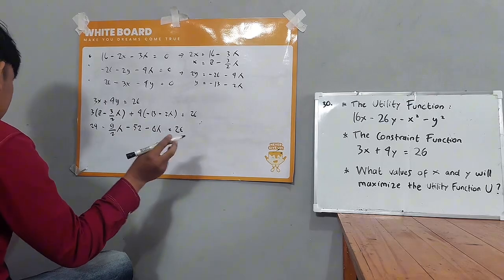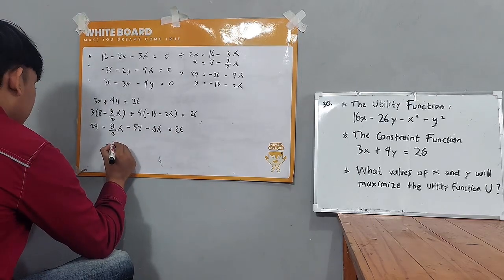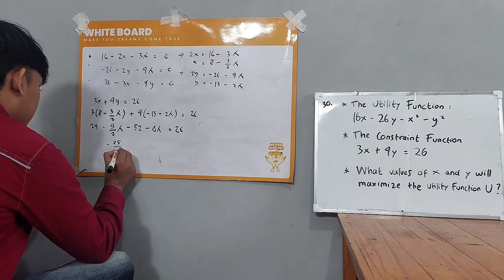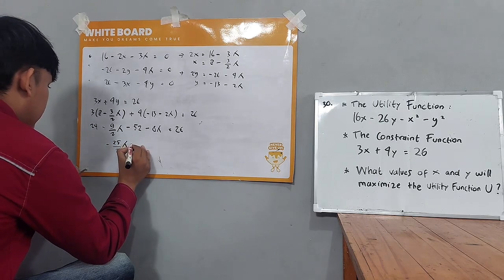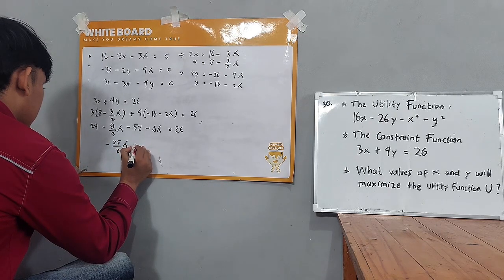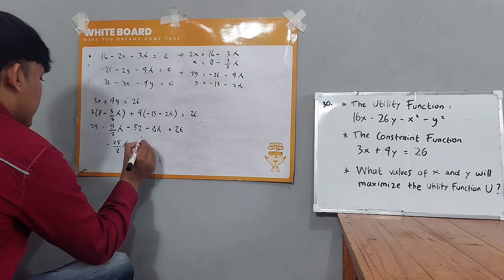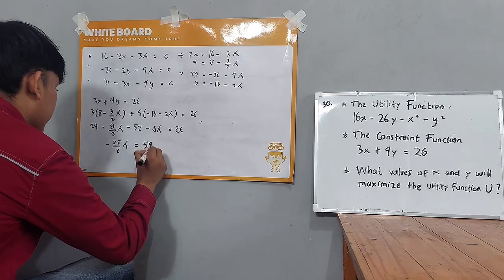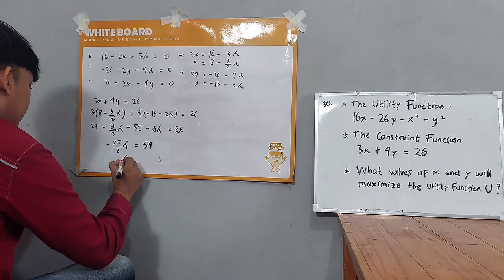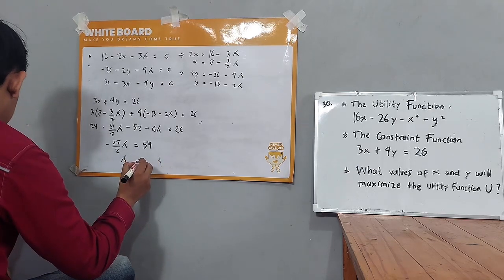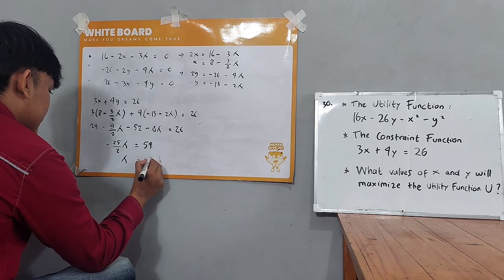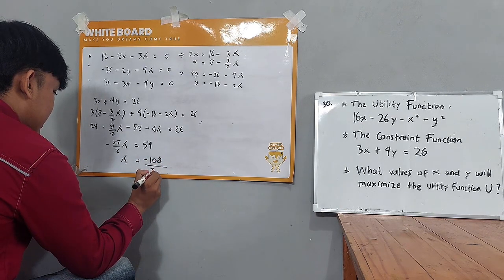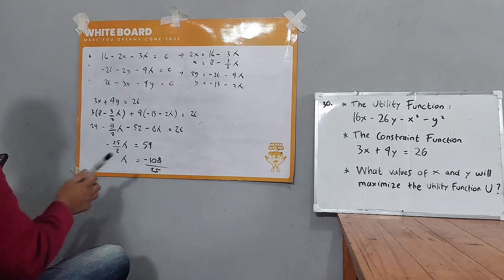Combine like terms and it becomes minus 25 over 2 lambda equals minus 50, and lambda is 108 over 25. We get the lambda.